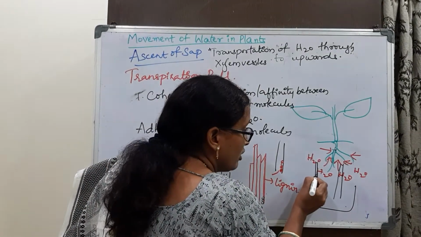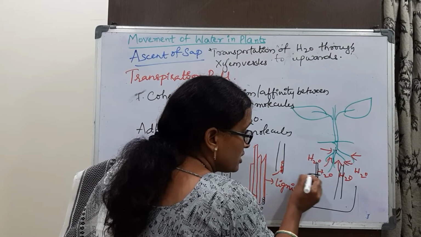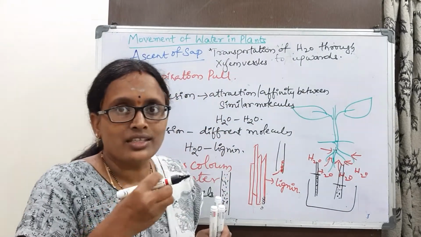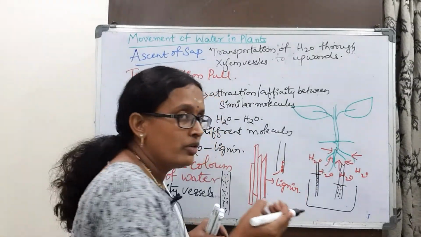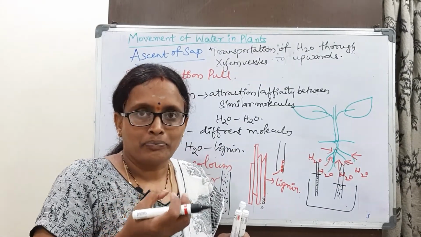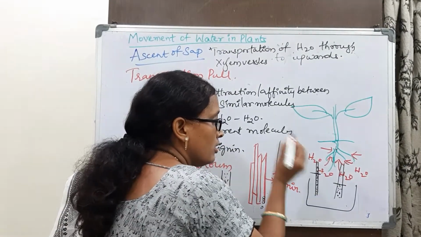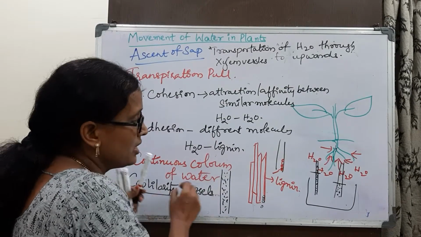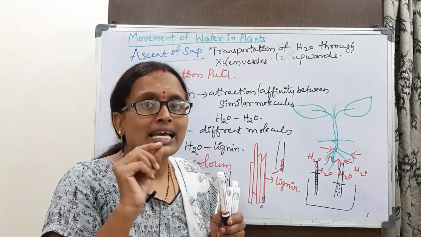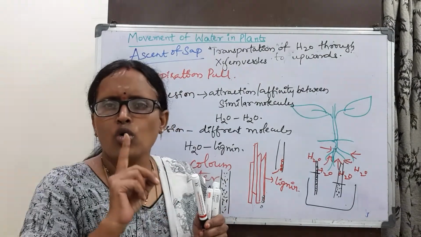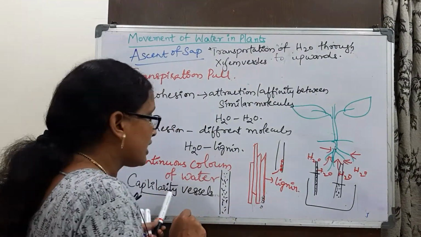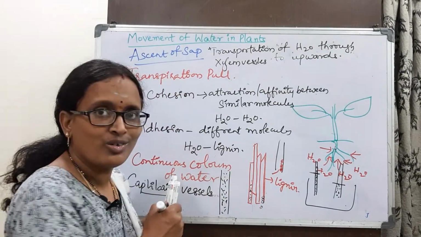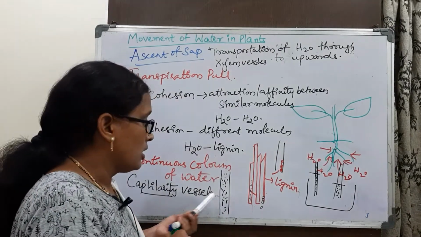Here the column will be raised, the cool drink reaches up to here, whereas in this case only up to here. If you want to create a continuous column, you create force by sucking, and you drink like that. Here capillarity means that if our xylem vessels are very small tubes, due to capillarity there is a rising of water in the xylem vessels.